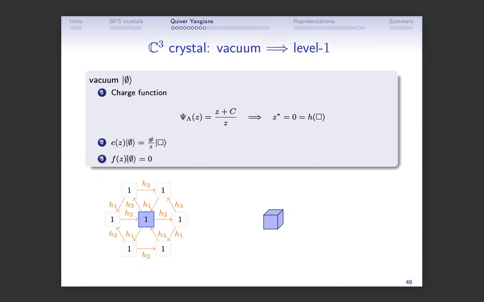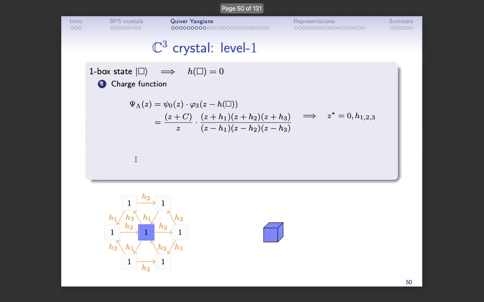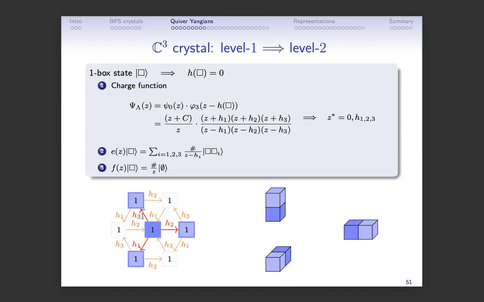So there's no removing pole, which means that when you apply F on the vacuum, you get 0. Then for the next level, this is the initial state. You have two factors, one for the vacuum, one for the phi function, and you have 4 poles. This pole is the removing pole for F, which means these 3 poles are adding poles for E.